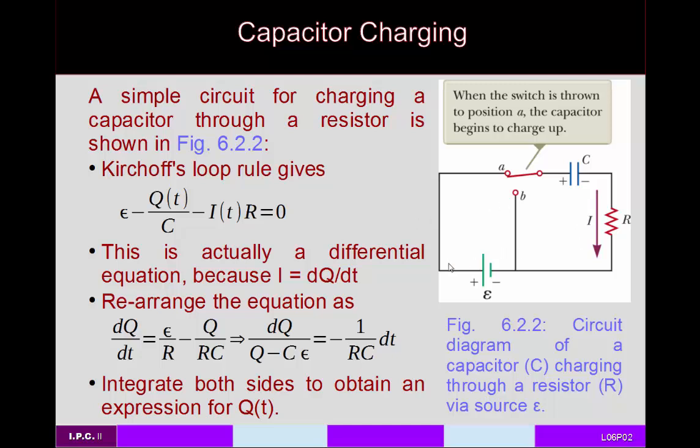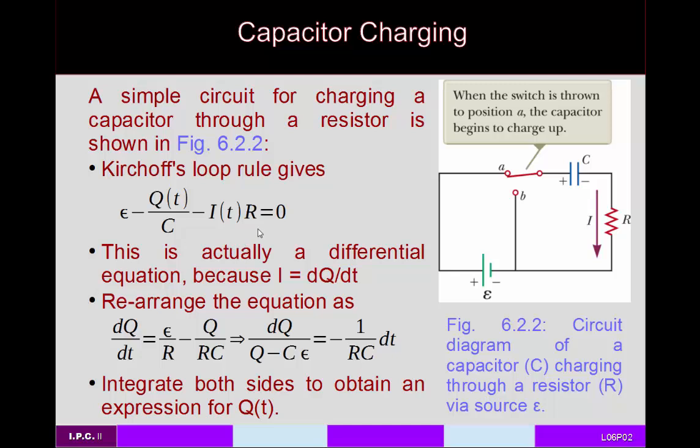Basically what that means is that the current flowing through this resistor times the resistance value is the voltage drop across the resistor. The charge stored on each plate of the capacitor divided by the capacitance gives the voltage drop across the capacitor. So this is what Kirchhoff's loop rule ends up looking like.